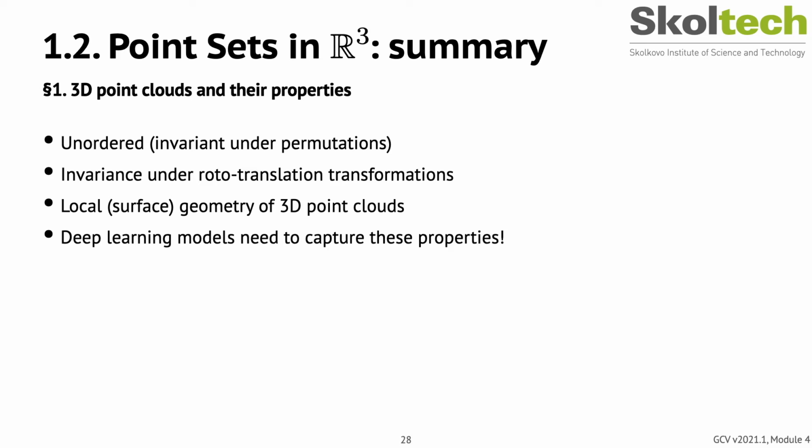We should also be invariant under rototranslations, that is, transformations from the special Euclidean group in R3, such as the rigid body motion. Neural networks that operate on point sets should utilize somehow the local surface geometry of 3D point clouds, meaning that the neighboring points actually do form a meaningful neighborhood.